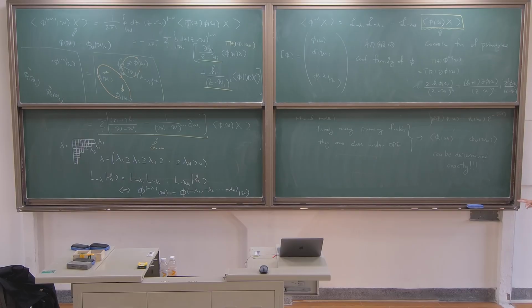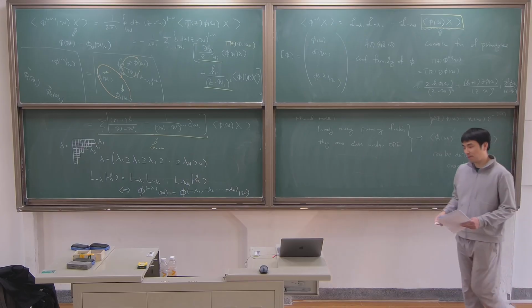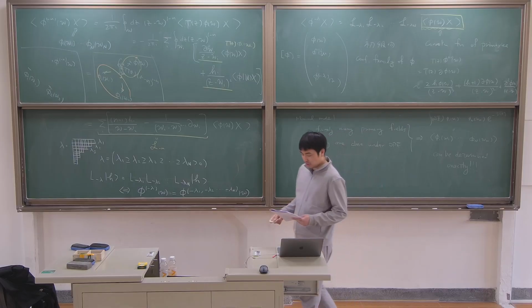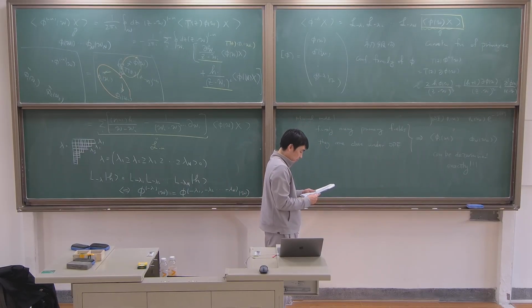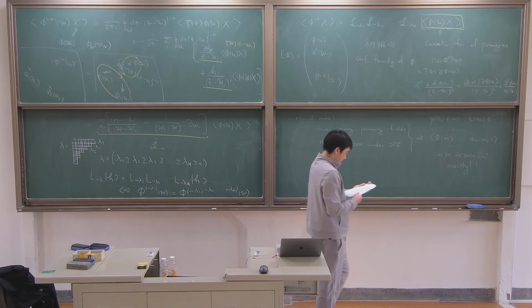So in most cases the correlation function cannot be determined exactly. At most, for an arbitrary quantum theory, what you can do is perturbation theory and so on to compute this at the weakly coupled regime or by some other method, but exact computation is really difficult. But for the minimal model, we can do that.